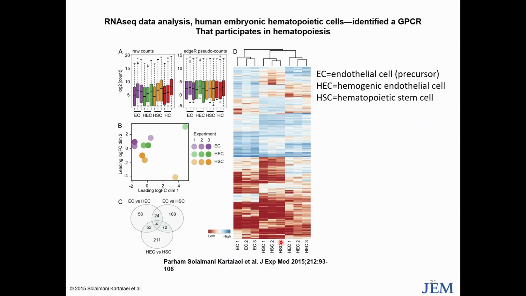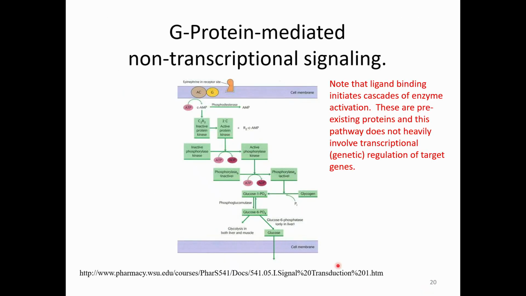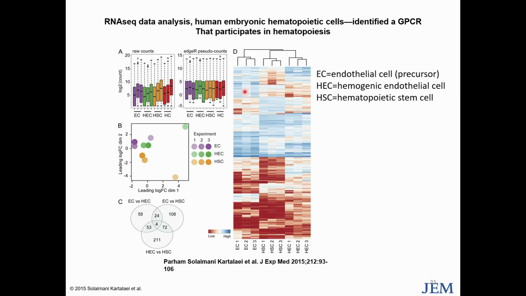But this is a non-transcriptional response, and there are other GPCRs that actually have signaling pathways that end up activating genes. This is not a pharmacology example, but it shows you something like this.